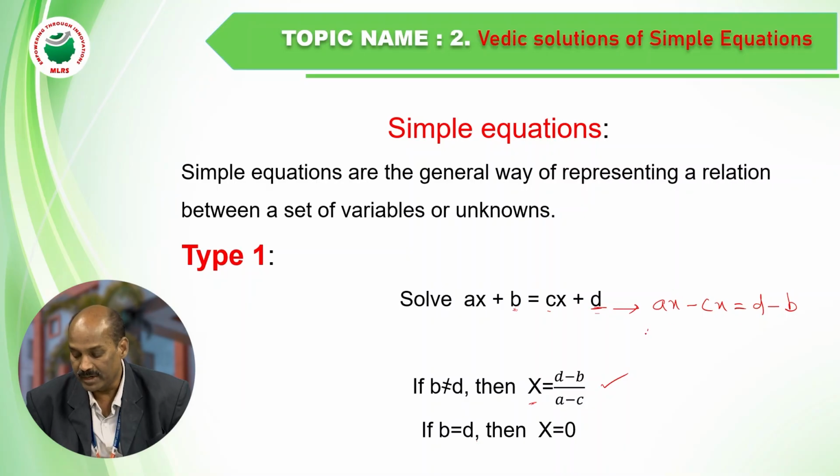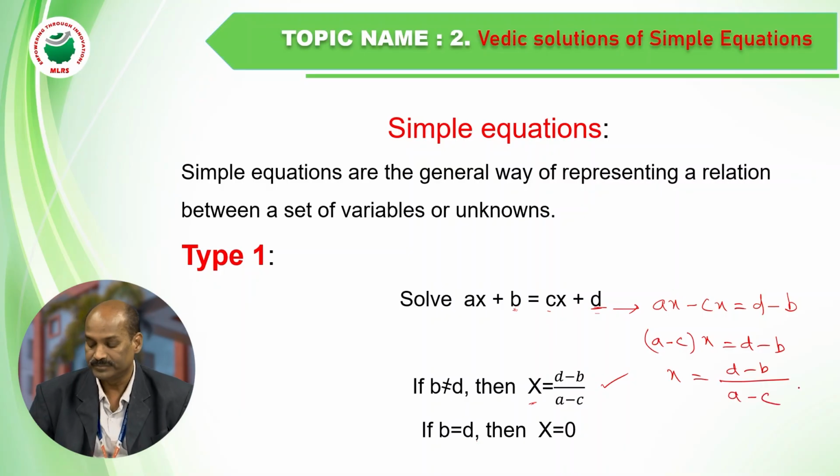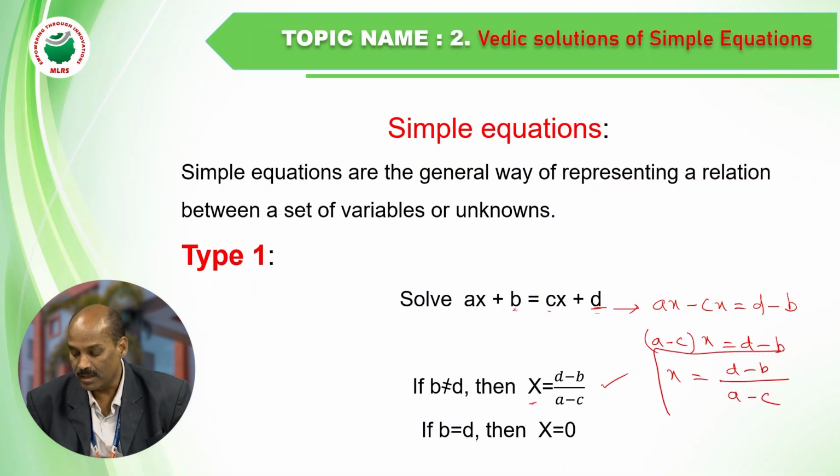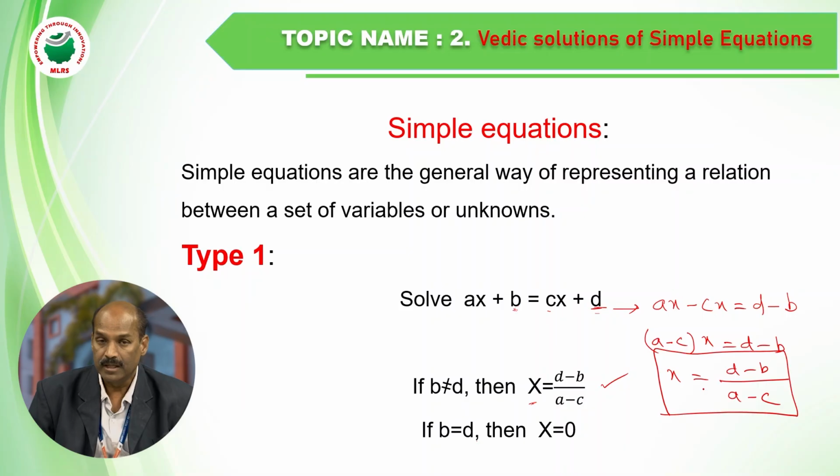Now take x common outside. Then a minus c times x is equal to d minus b. So x is equal to d minus b divided by a minus c. This is the formula we got in the modern or traditional way.